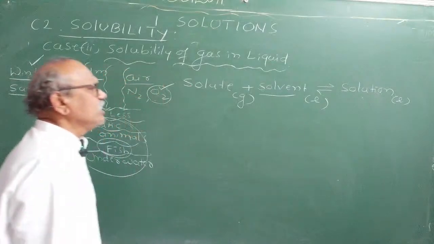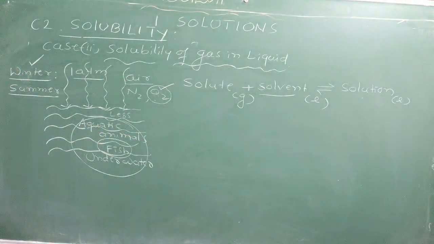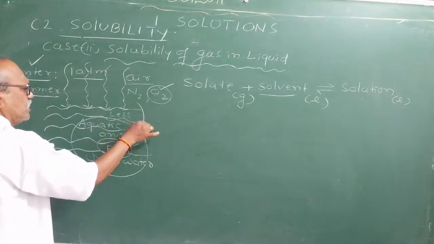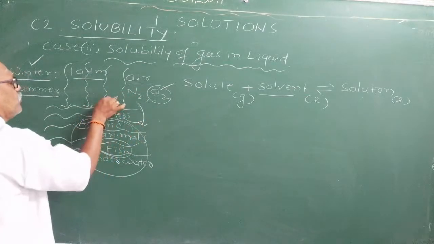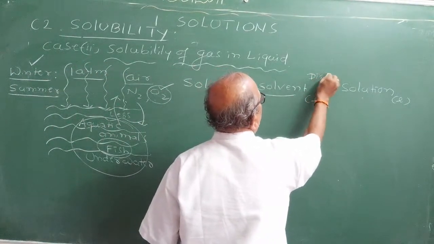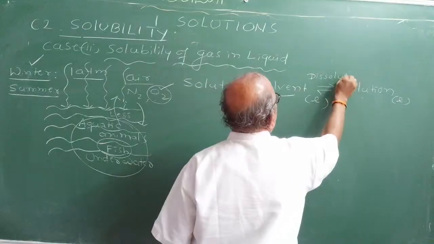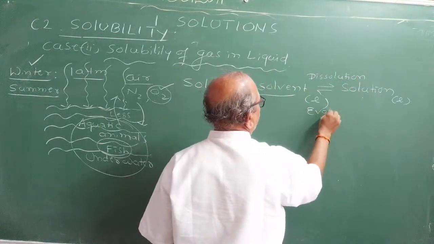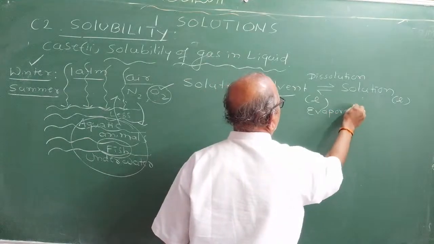Here also there is an equilibrium system, right? What do you mean by equilibrium system? It means dissolution here and evaporation here. The forward reaction is dissolution in the case of gas and liquid, and the backward reaction is evaporation from the surface.